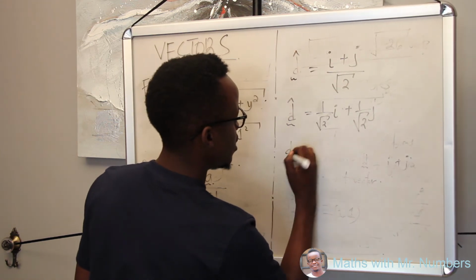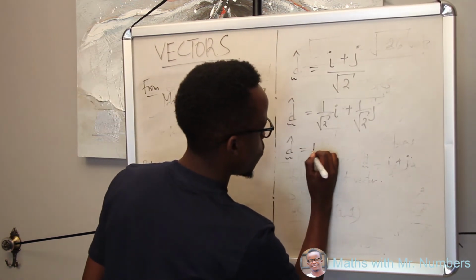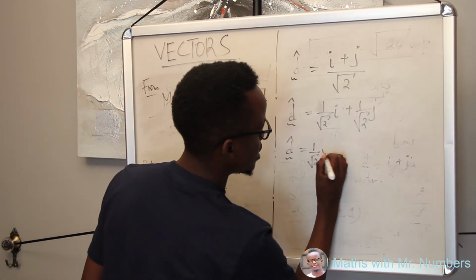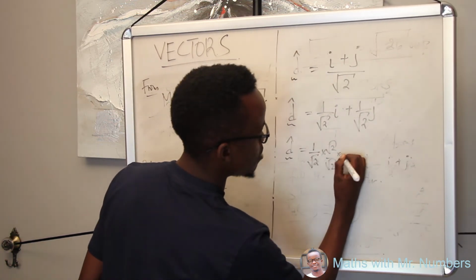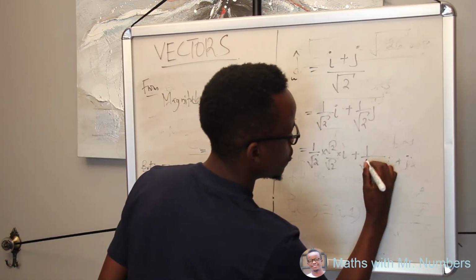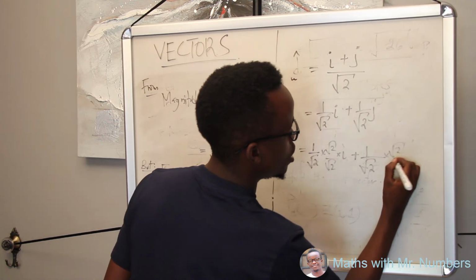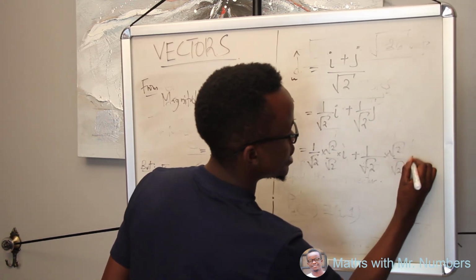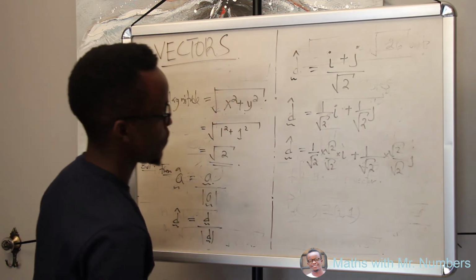Therefore, we'll have unit vector D equals 1 over root 2 times root 2 over root 2 times i, then plus 1 over root 2 again times root 2 over root 2 times j. What are we doing here? We are just rationalizing the denominator.